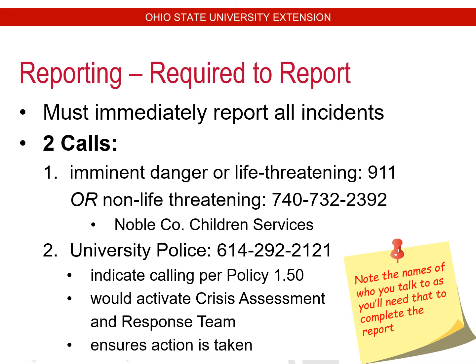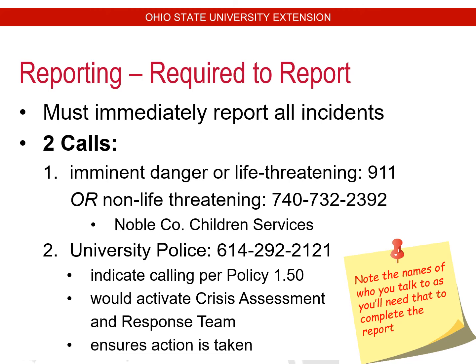Or you can call Noble County Children's Services at the number that's listed here, 740-732-2392. You're also going to make a second call to Ohio State University Police at 614-292-2121.